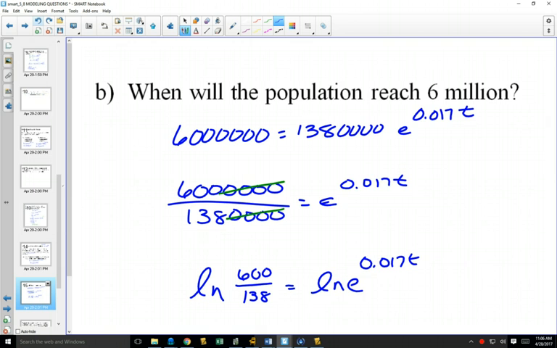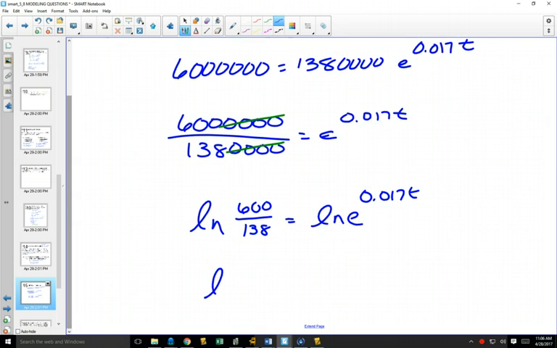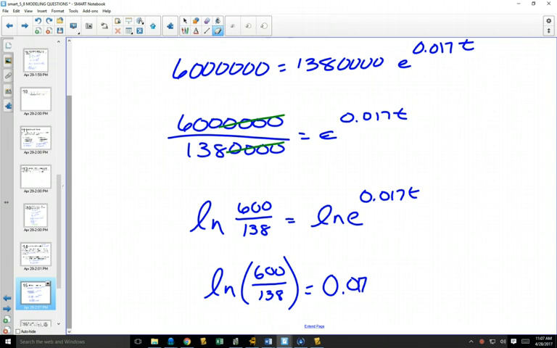And if you wanted to skip to this next step right away because you can see what's happening, you can see that when you take the natural log of this side, you can use your log law and bring your exponent out in front.